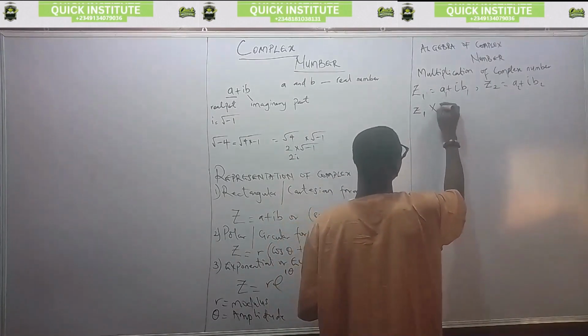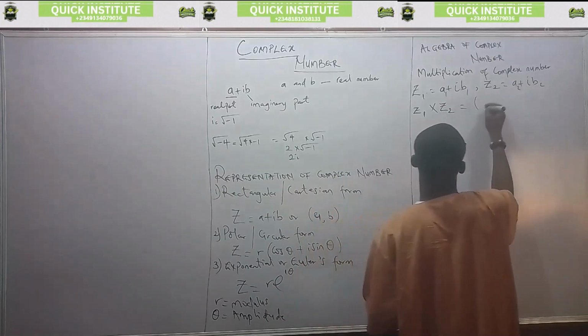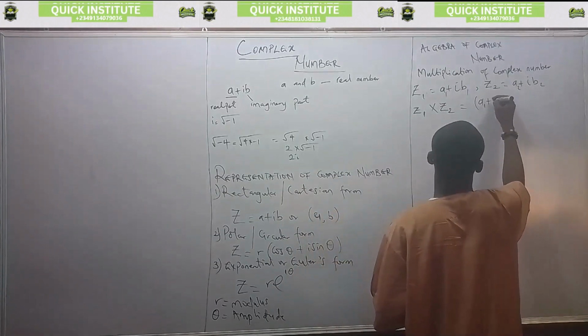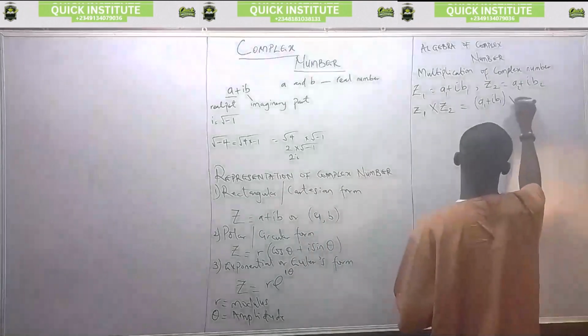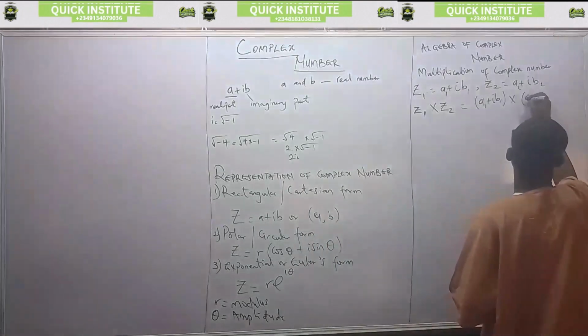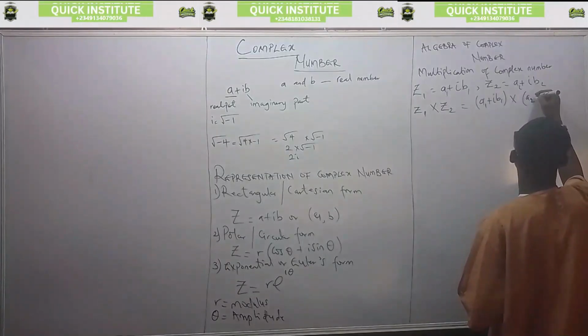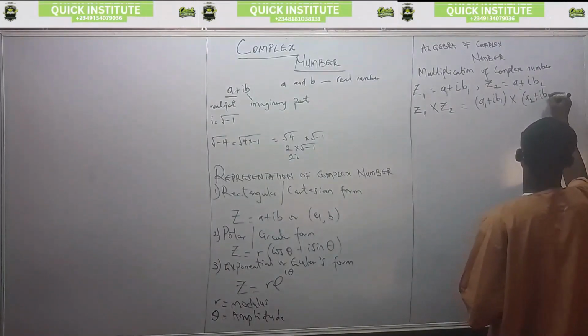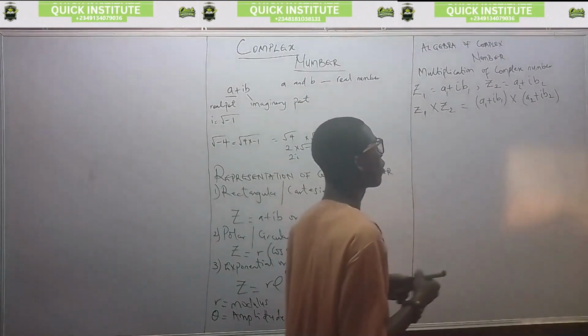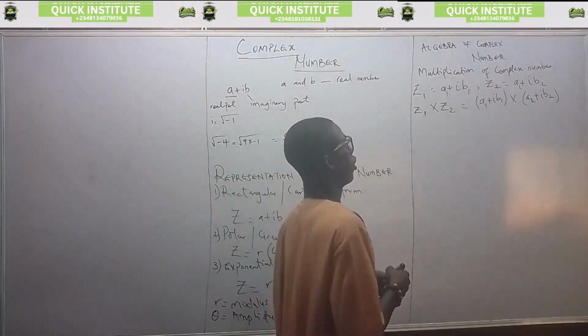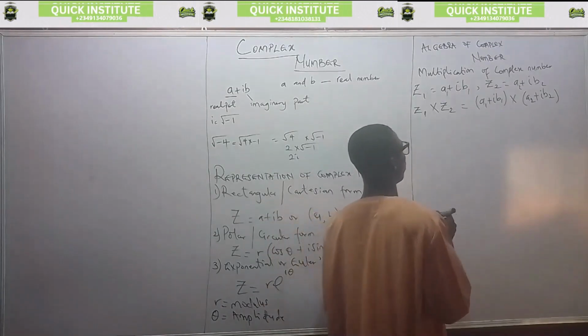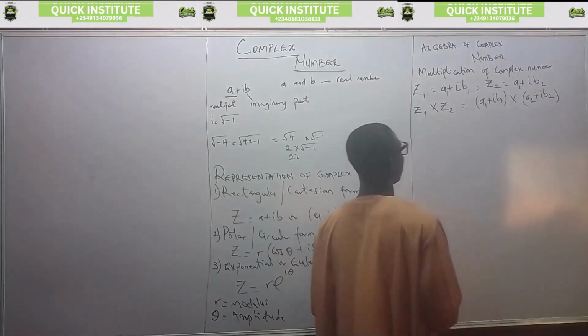So to multiply the complex numbers, z1 multiplied by z2 is equal to a1 plus ib1 multiplied by a2 plus ib2. This is the expansion of two brackets.